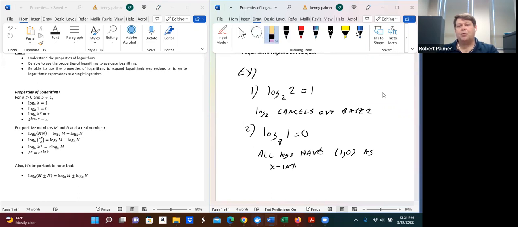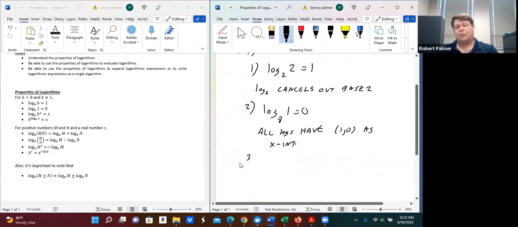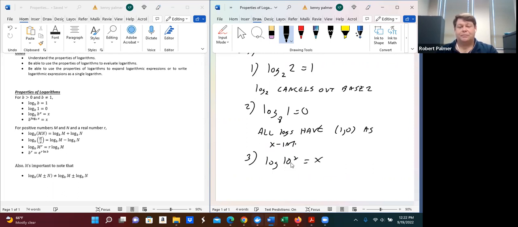Now, property number 3. It says log base b of b to the x equals x. So let's do log base 10 of 10 to the x, which is just x, once again because logs and exponents of the same base cancel.